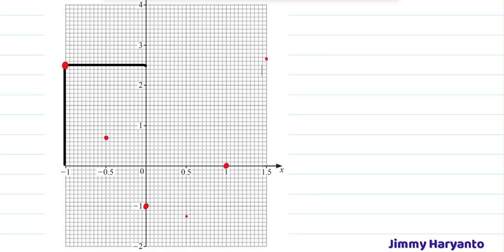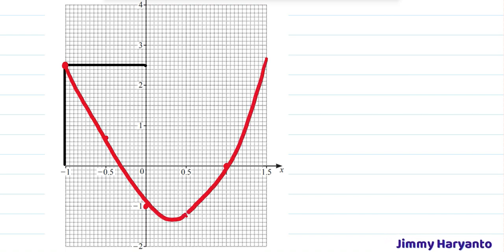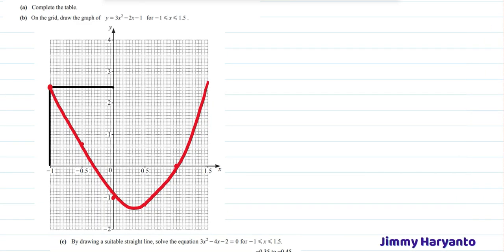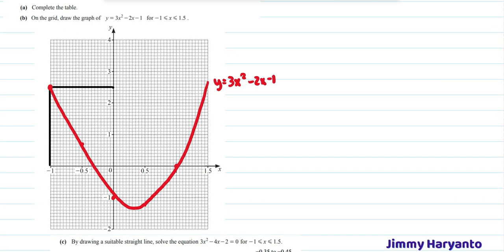Okay, like that. Let's connect them. There you go. That is our drawing, which is y equals 3x squared minus 2x minus 1.